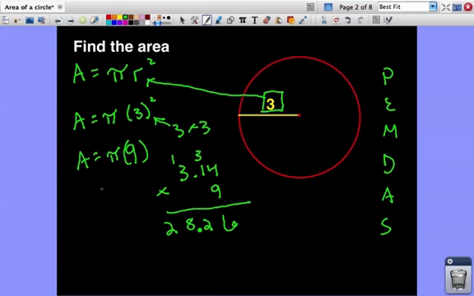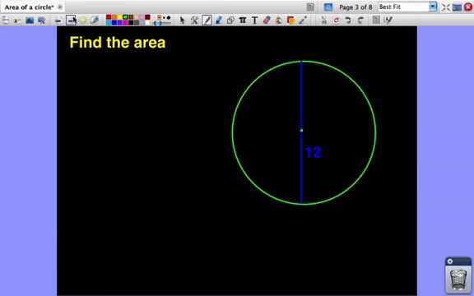So the area of this circle with the radius of 3 is 28 and 26/100ths, 28.26. What that's telling us is that if I were to fill in this circle, it would be filled in with 28.26 square inches, or square centimeters, whatever our unit of measurement is.